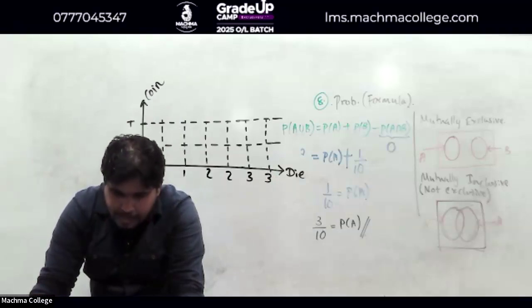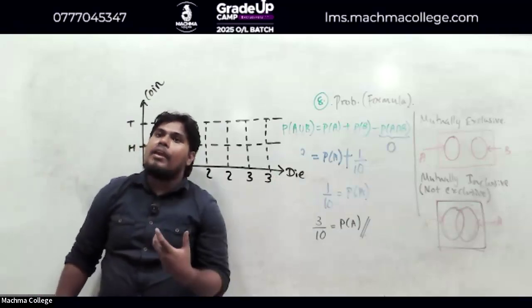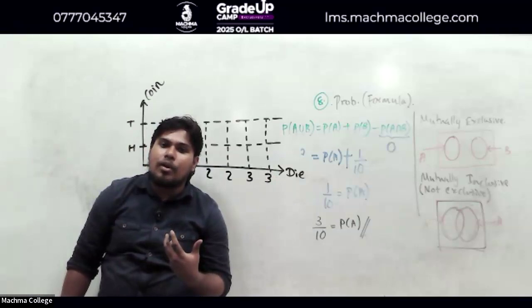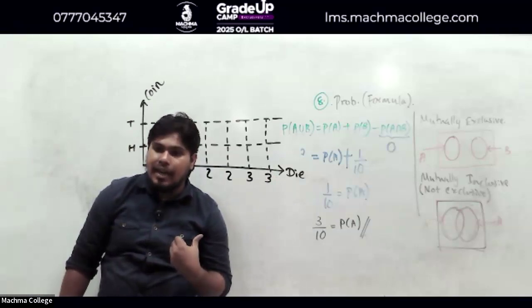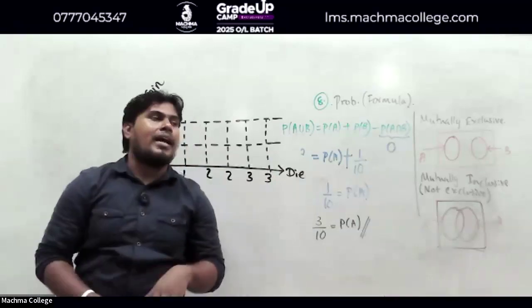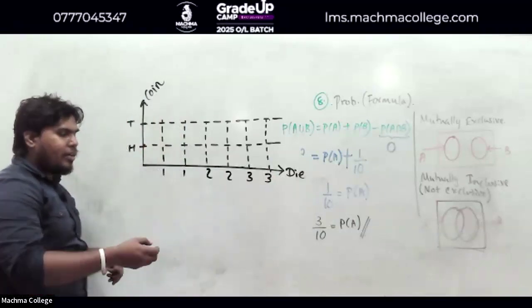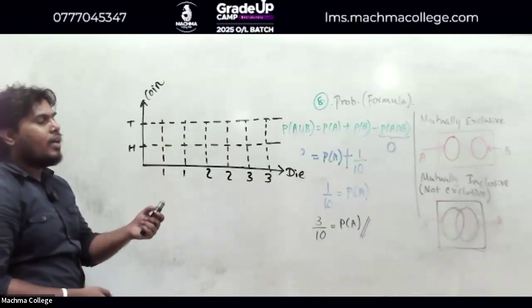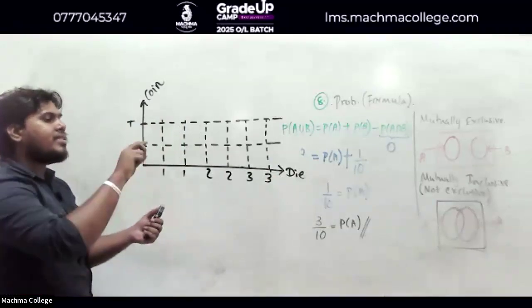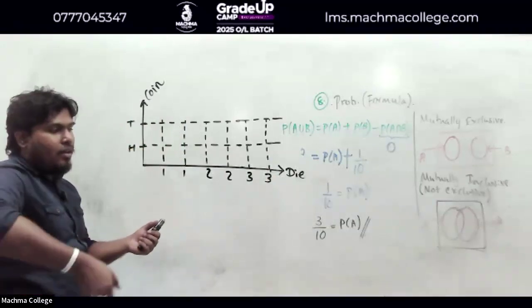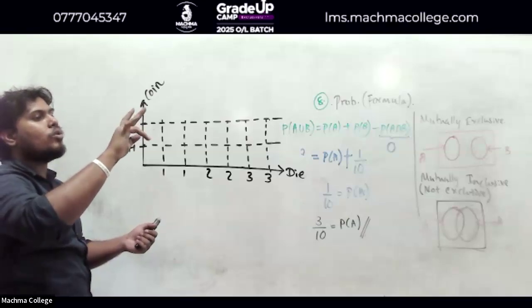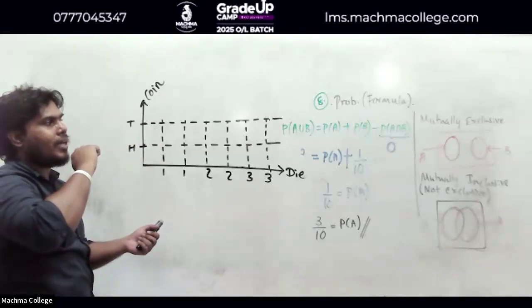Even though they ask you only the probability, they expect you to complete the grid diagram. Now in this grid diagram, when you toss the coin and the die at the same time, you are rolling the die and you are tossing the coin. When you toss the coin, you have two possibilities: head and tail. When you roll the die, you have 1, 1, 2, 2, 3, 3. Those are the outcomes you can get.